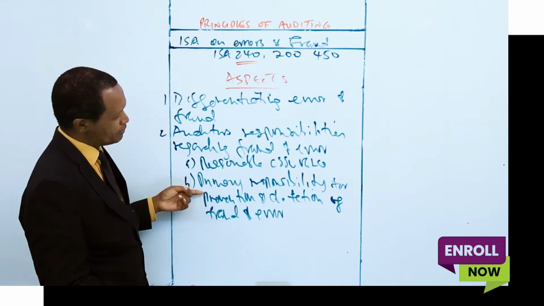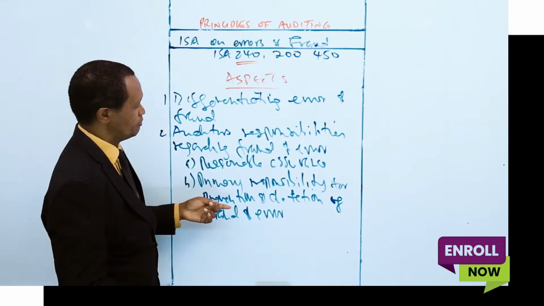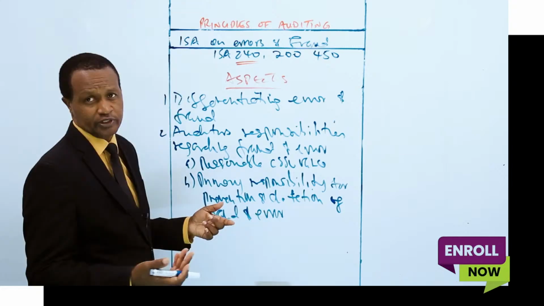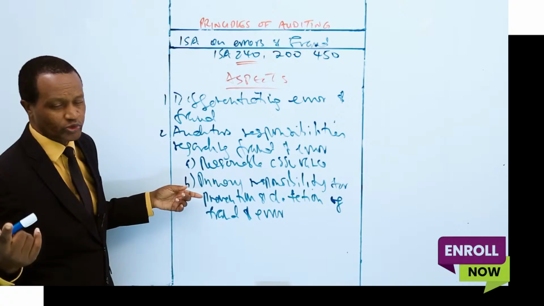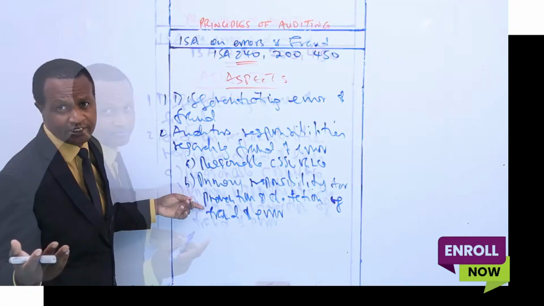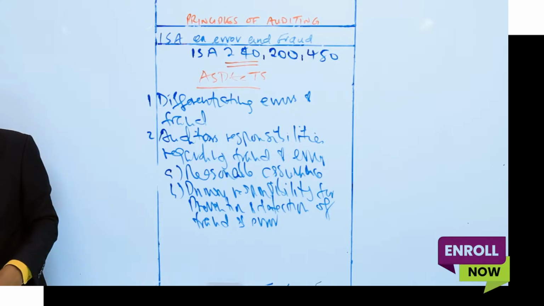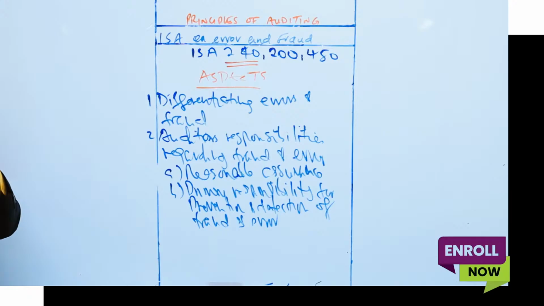Primary responsibility for prevention and detection of error and fraud. Now, ISA 240 clearly states that the primary responsibility for the prevention and detection of fraud rests with both those charged with governance of the entity and management.